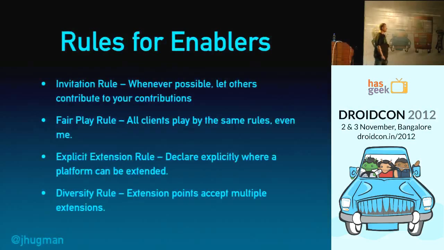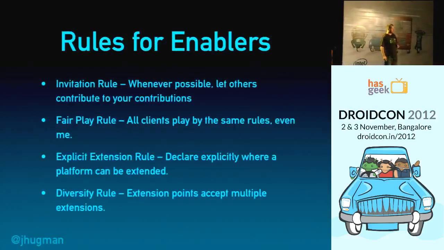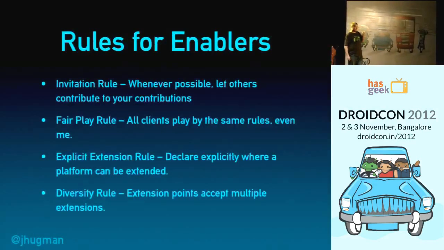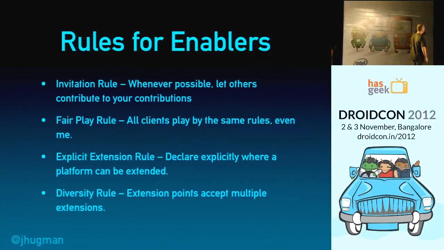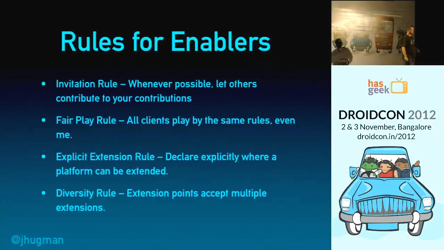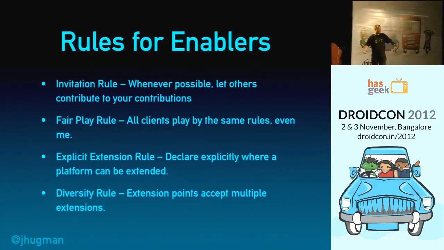So I'm going to talk about these guys here, which is straight from the Contributing to Eclipse book by Erich Gamma. Gamma is the guy who wrote the Patterns book, actually, or he was one of the Gang of Four. And he talks about these rules for contributors, rules for enablers, rules for maintainers. Oh, well, I forget what the other ones are, but I read these, and there's about 10 of them, but I've outlined about 6 here.